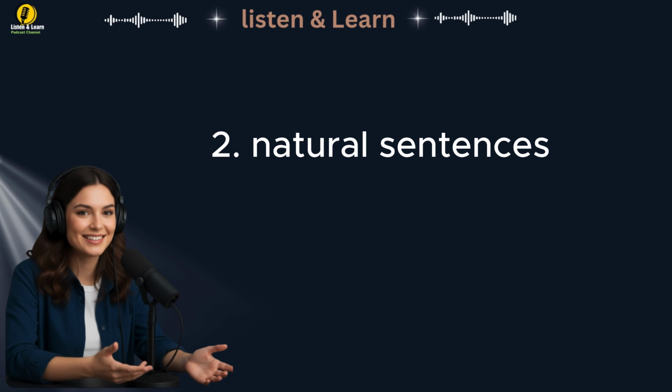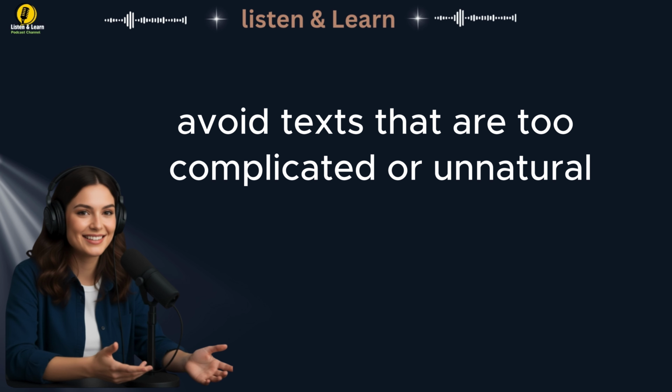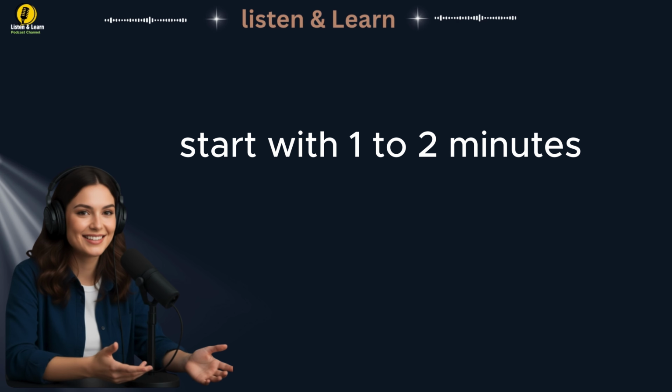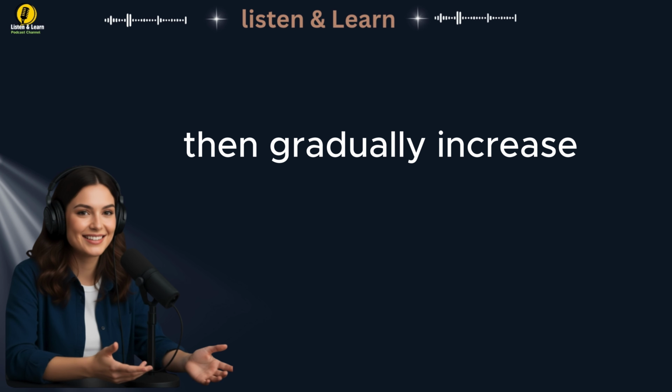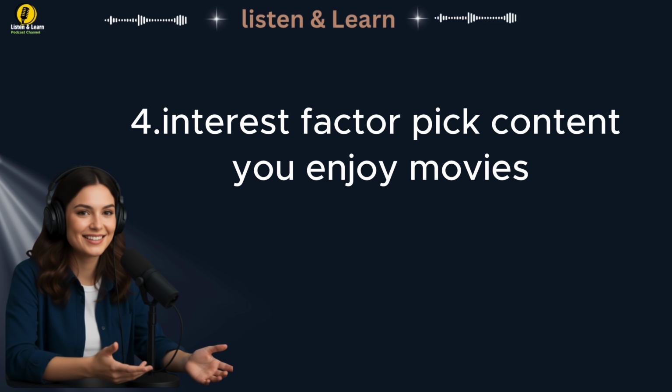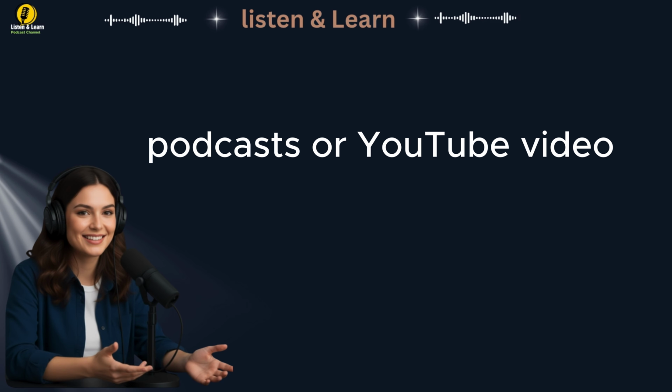Natural sentences. Avoid texts that are too complicated or unnatural. 3. Short clips. Start with 1 to 2 minutes, then gradually increase. 4. Interest factor. Pick content you enjoy, movies, podcasts, or YouTube videos.